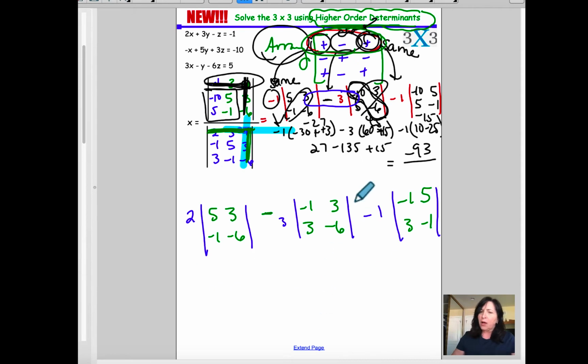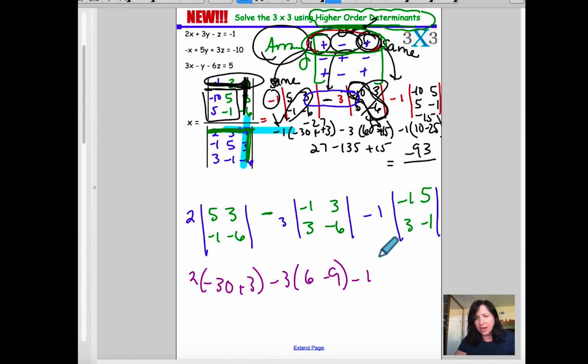So when I solve this and find that bottom denominator, I've got to multiply everything out, right? So this is going to be 2 times, and then negative 30 minus negative 3, so that's plus 3, minus 3 times, what's that, 6 minus 9, minus 1 times, that's 1 minus 15. Okay, so we've got negative 30 plus 3 is negative 27 times 2, right?